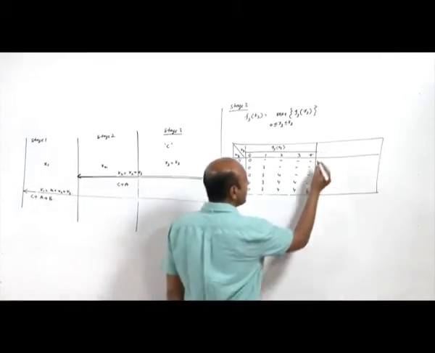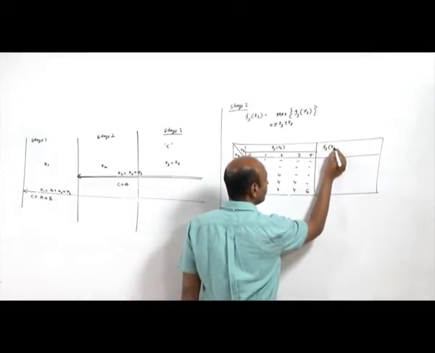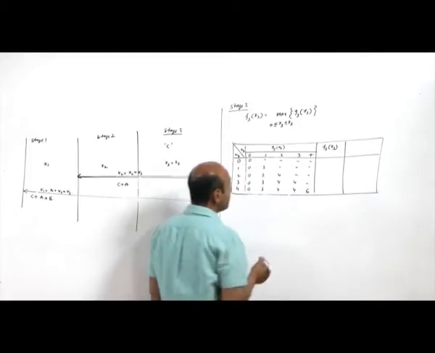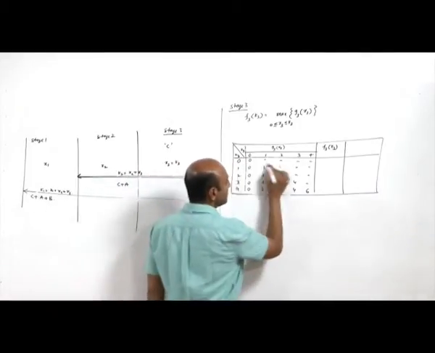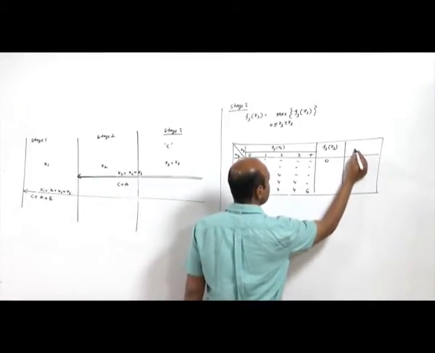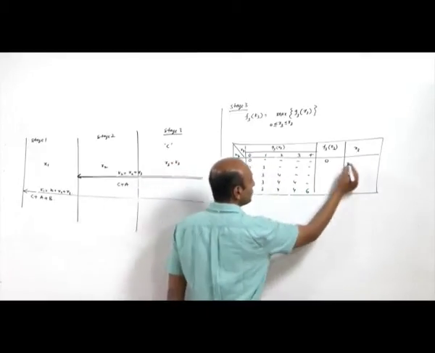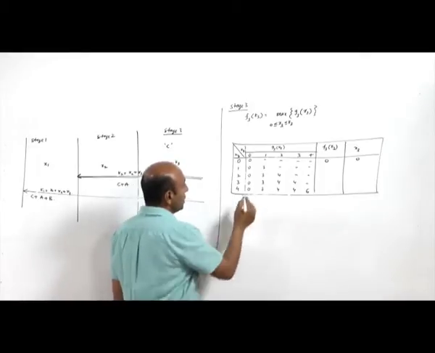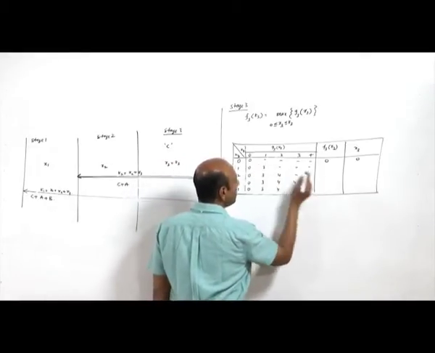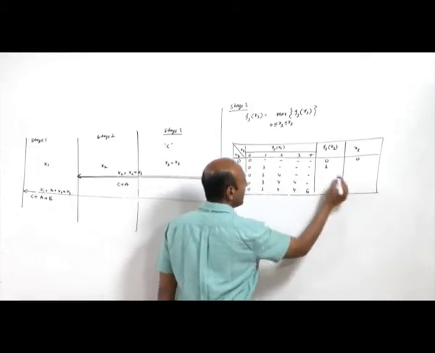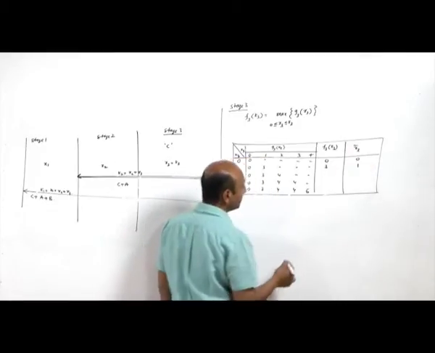So what is F3 K3? F3 K3 is the maximum of all this. The maximum of this is 0, and for which X3? This maximum is obtained at 0, so it is 0. Now this maximum is 3, at which X3? At 1, so we call it X3 bar.